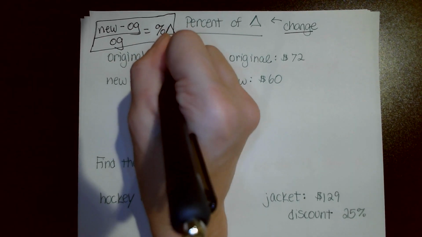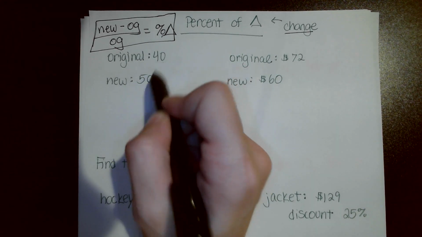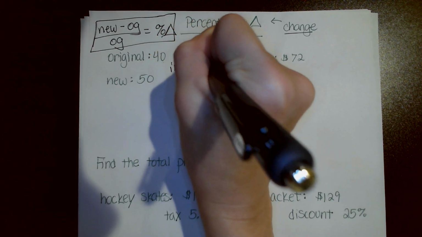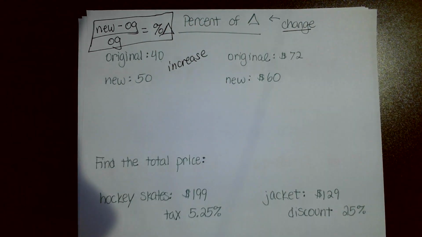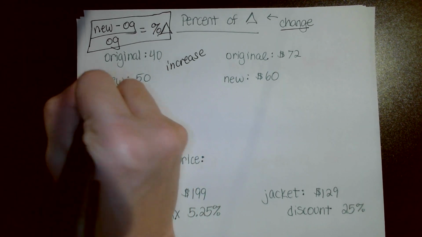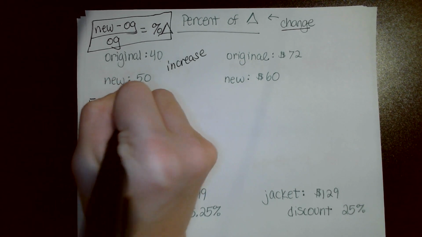So if our original amount is 40 and our new amount is 50, we don't know what it is, but it doesn't matter because if we're going from 40 to 50 of something, this is a percent increase. And to find what percent it increased by, we are going to do new minus original over original.